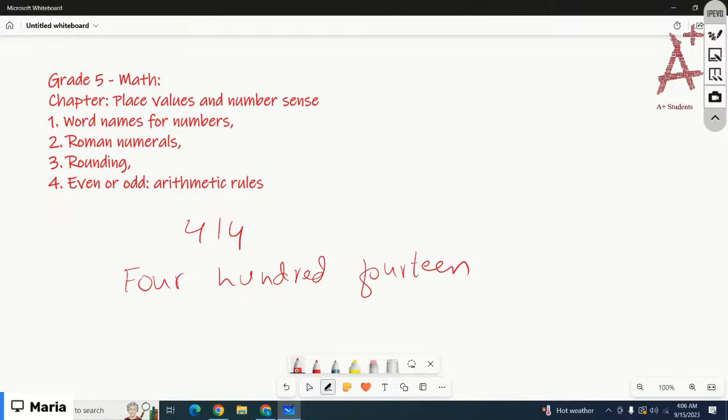The other one is, how do you read this number, or how do you write this number in its word name?